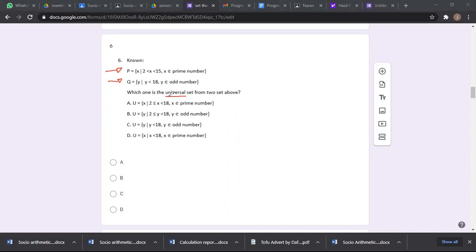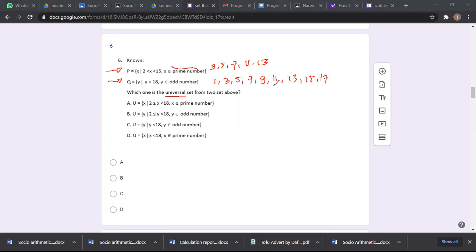So from here, if I ask what the elements of P are, the prime numbers between 2 and 15, I can write 3, 5, 7, 11, 13. And then what are the odd numbers less than 18? 1, 3, 5, 7, 9, 11, 13, 15, 17.